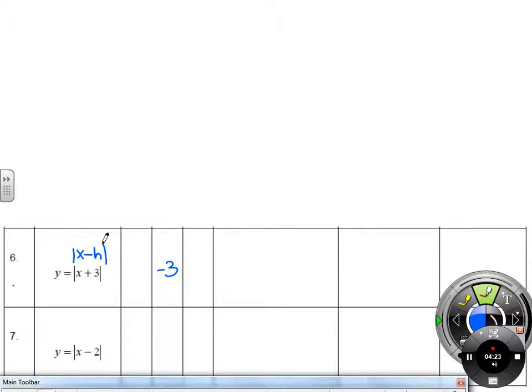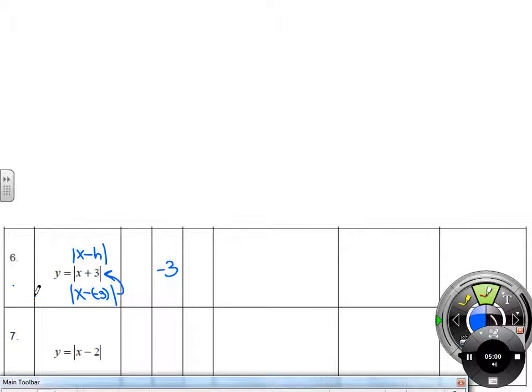That means whatever h value I pick, I should be able to write x minus that number, and it should look just like my function looks in the equation. What number would you have to plug in right here to make this look like x plus 3? If I just put a +3 in here, is that the same as having x plus 3? It says x minus 3 when I put a +3 in here. If I put a -3 in here, is having x minus -3 the same thing as having x plus 3? That's the same. So the h value here is actually negative.